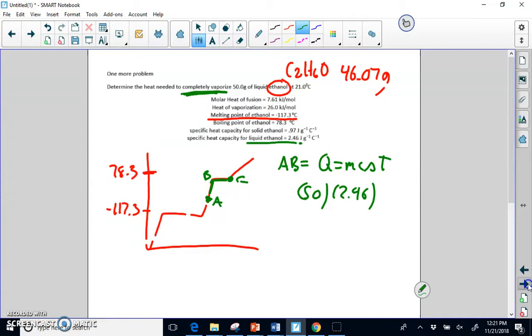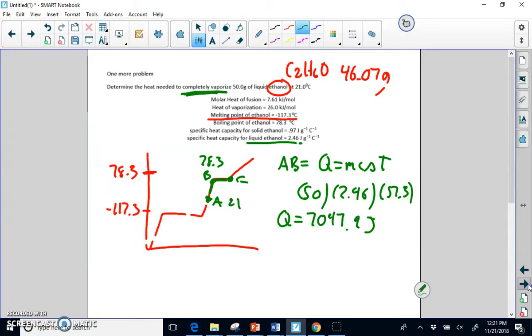At point A it was 21, and it's going to where it starts to boil, 78.3. We subtract those two and get 57.3. Then we multiply, and Q equals 7,047.9 joules. So that's for AB.